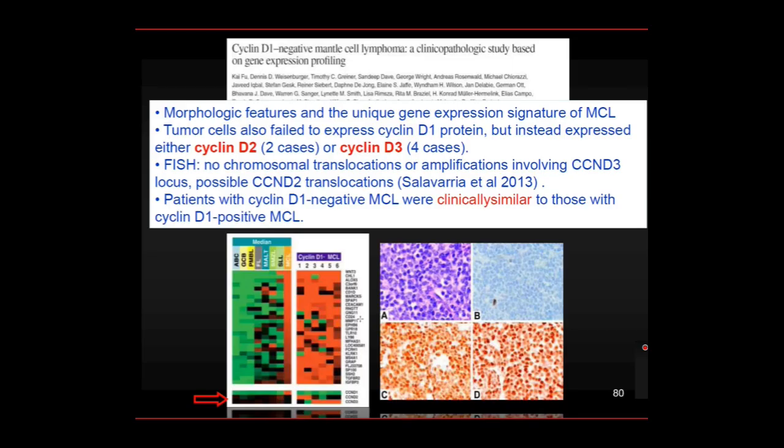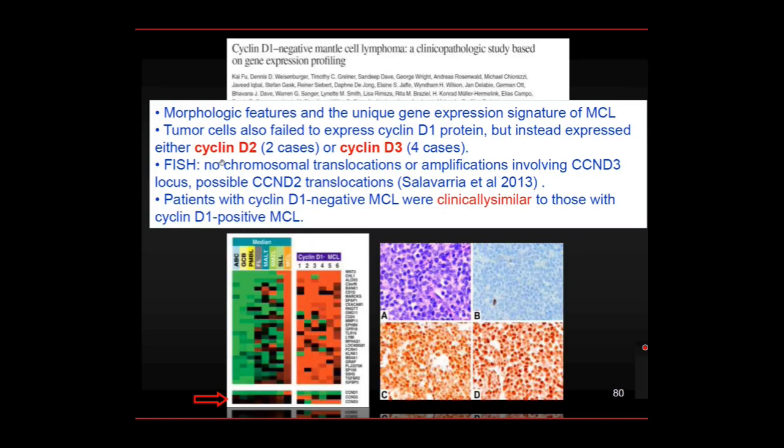Now, we have seen the phenomenon in follicular, we have seen in Burkitt. Of course, you expected to see how frequent it is to find cyclin D1 negative mantle cell lymphomas. Actually, those are probably a little bit more common than in Burkitt, so at least 10% you can find.